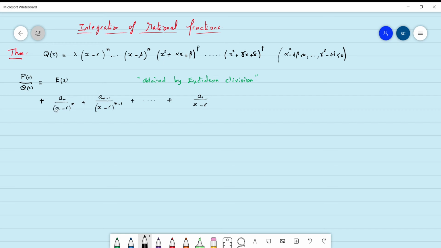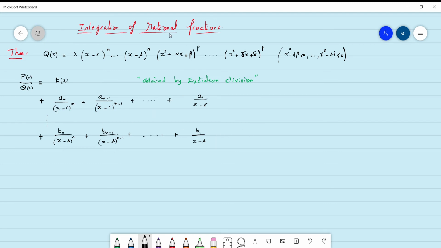We do the same thing for all similar terms. For the last one, we will have b_n over x minus s to the power n, plus b_(n-1) over x minus s to the power n minus 1, and so on, decreasing the power by 1 until the last term b_1 over x minus s, degree 1.